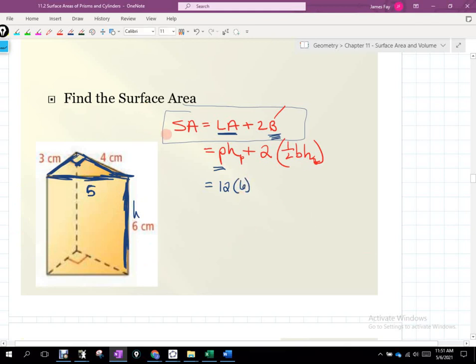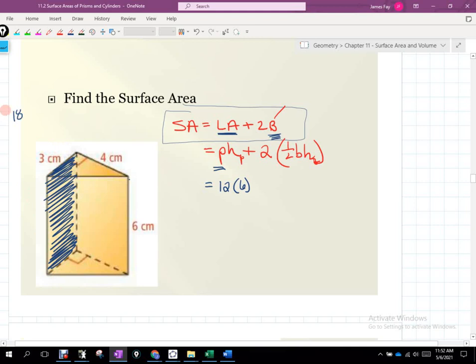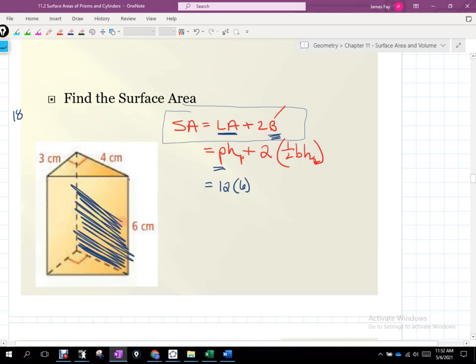So what that does, 12 times 6, and you can do this on your own if you'd like to, it's going to find that area right there of that rectangle, which would be 3 by 6, right? So 3 by 6 would give me what, 18? If we take this rectangle right here, that'd be 4 by 6, so 24.